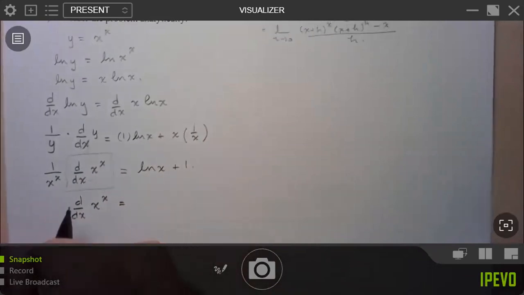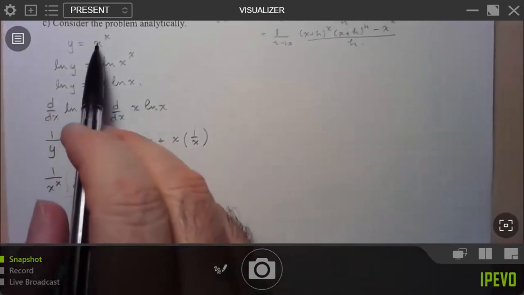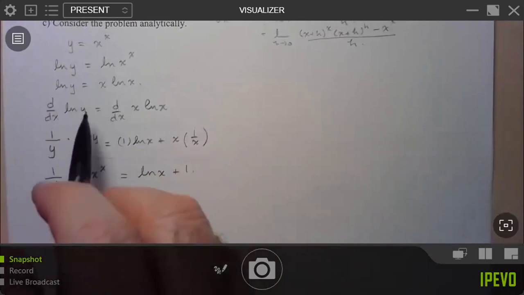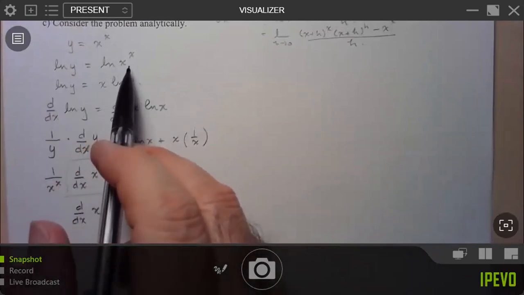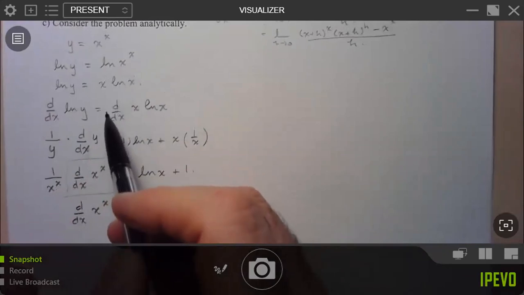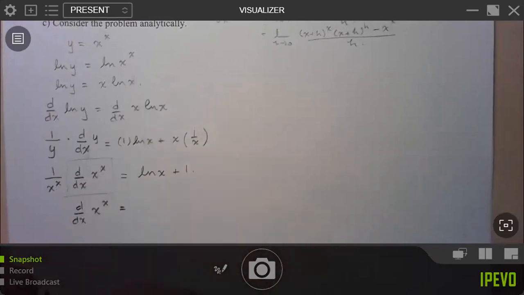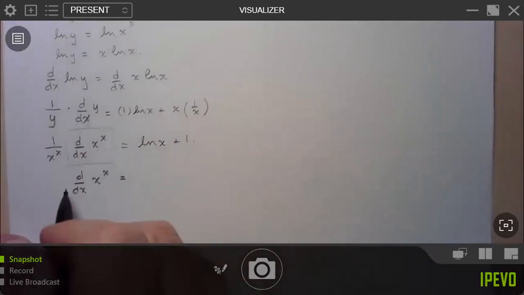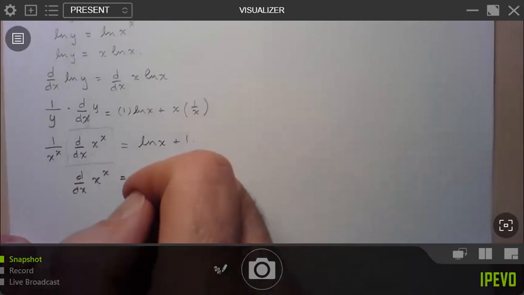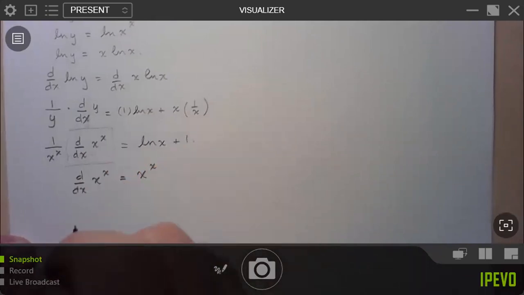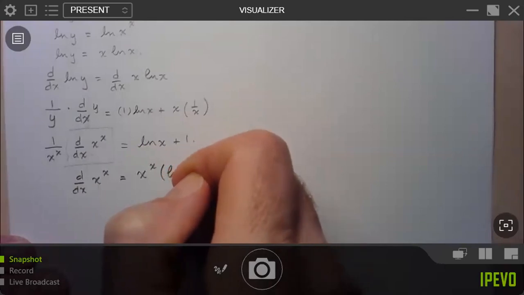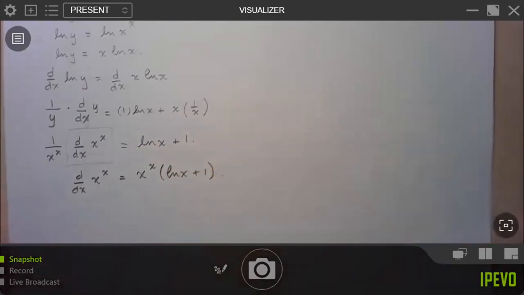Instead of finding the derivative of x to the x, we find the derivative of ln of x to the x, and in that process, exactly the derivative we're looking for pops up. So what is the derivative of x to the x? It's just x to the x times ln x plus 1. And there we go. That's it.